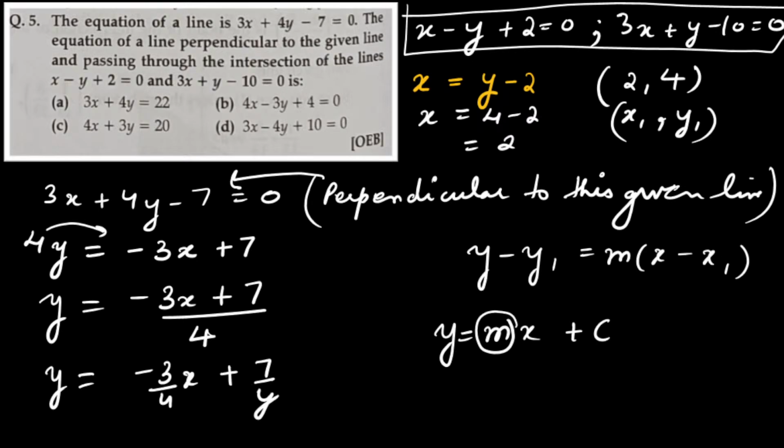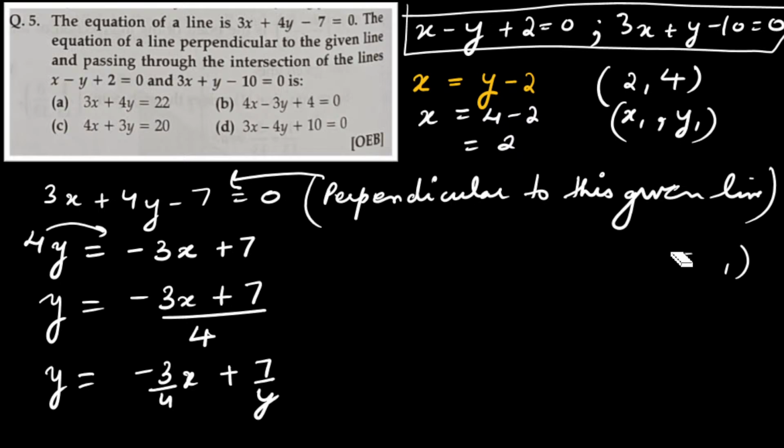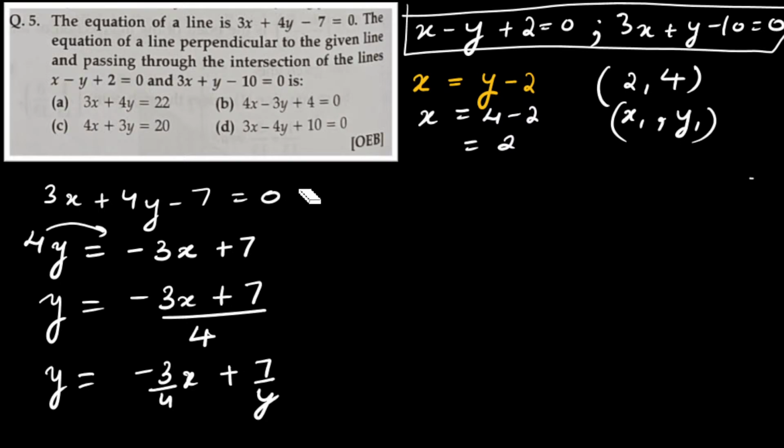So we got the value of the slope of this line. The slope of this line is actually the coefficient of x, which is minus 3 by 4. But we have to find the slope of that line which is perpendicular to this line.